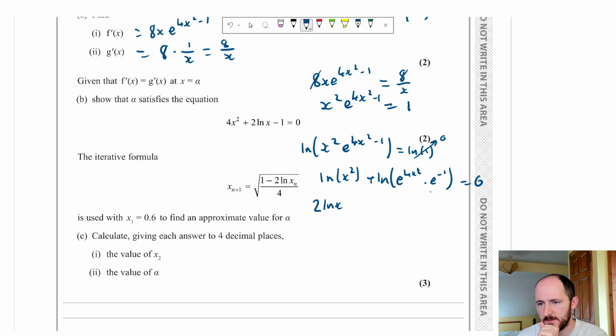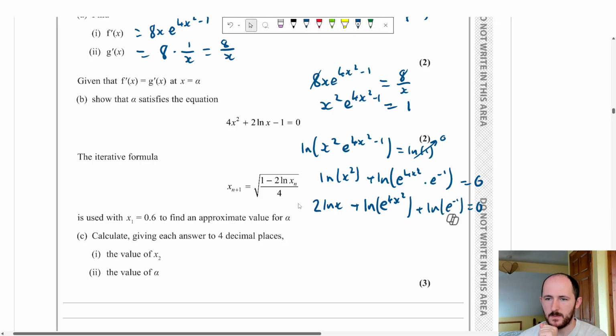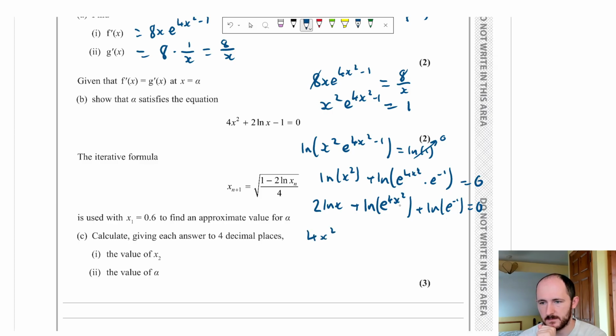Separate these two things out. Again, you don't have to show every step like I'm doing, but this is mainly for your benefit. And then when we simplify this, this just becomes 4x squared. That just becomes ln x. That becomes minus 1 equals 0. There you go. Nice and easy.